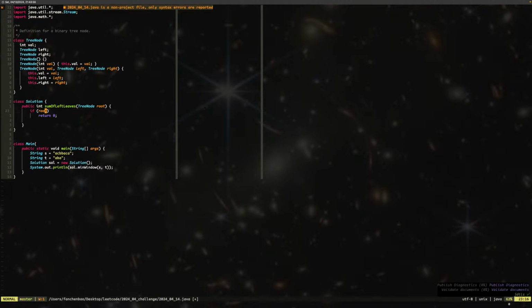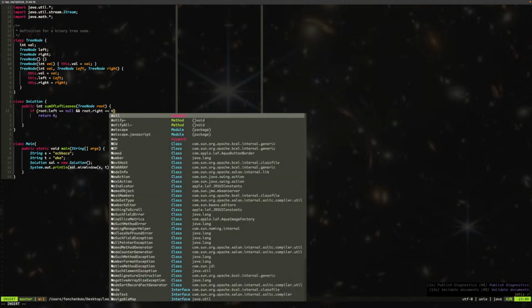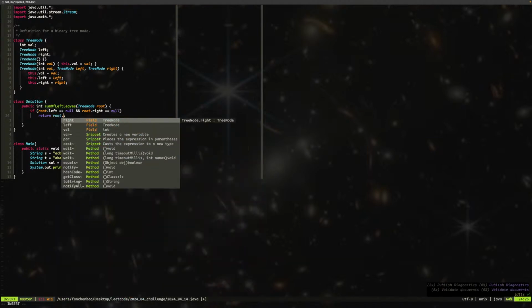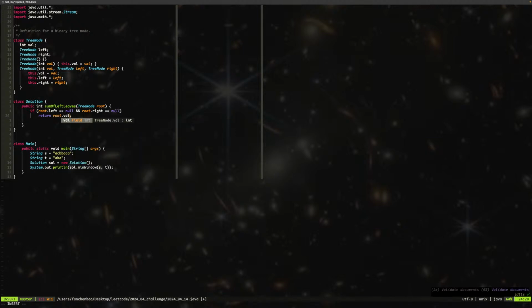Leaf, if root dot left, actually if not... I don't think so. I think Java is equal to null, right? And root dot right equal to null. That's a leaf. Then we return root dot value, right?